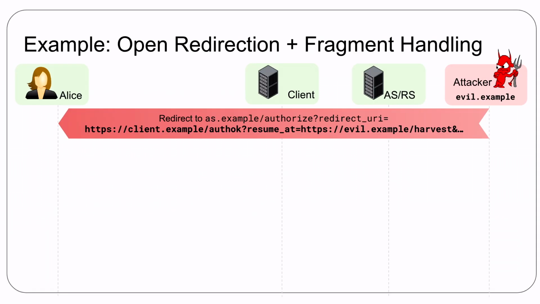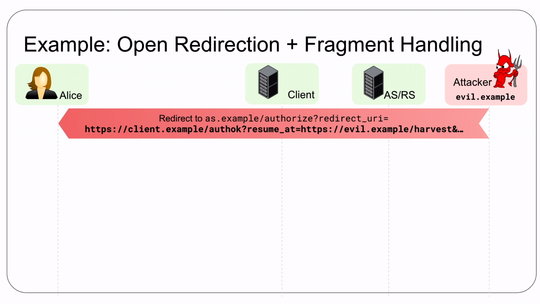So here we have more parties than before because we have on the right an attacker. And that attacker now redirects a user to that URI. So example.com/authorize, and the redirect URI, which of course needs some URI encoding, is client.example/auth resume at evil.example/harvest.